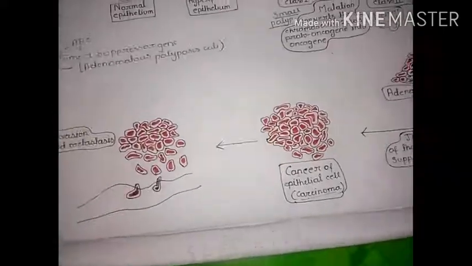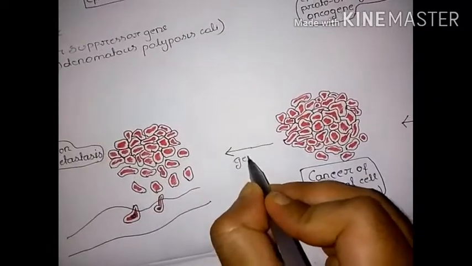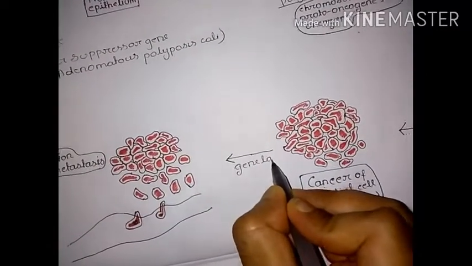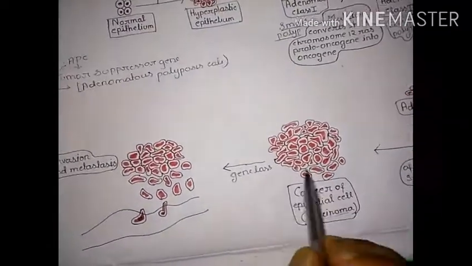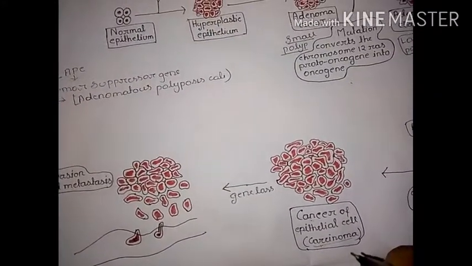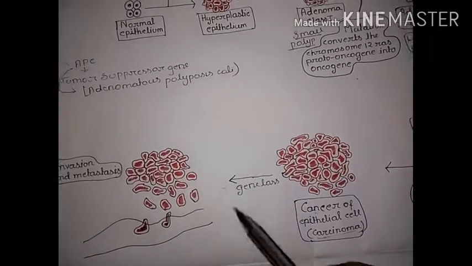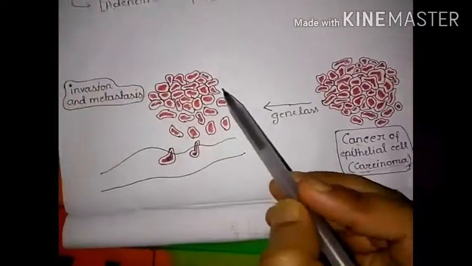Now with further gene losses, this carcinoma shows metastasis functions and invades surrounding tissues. So now these cells are metastatic cells.